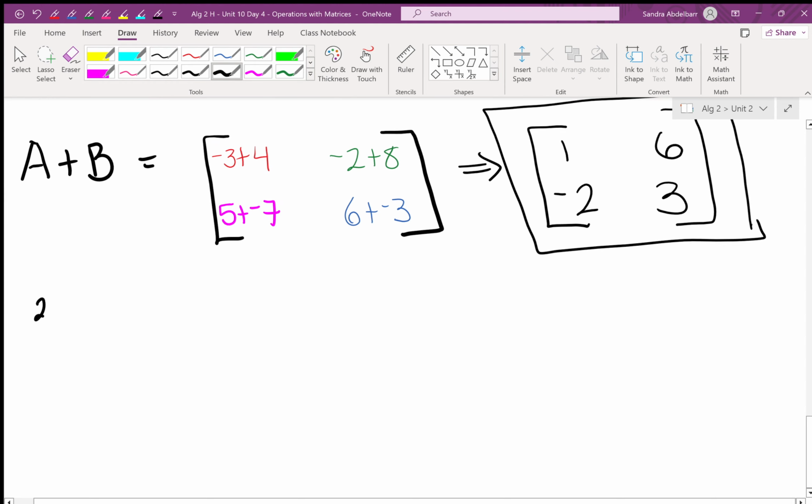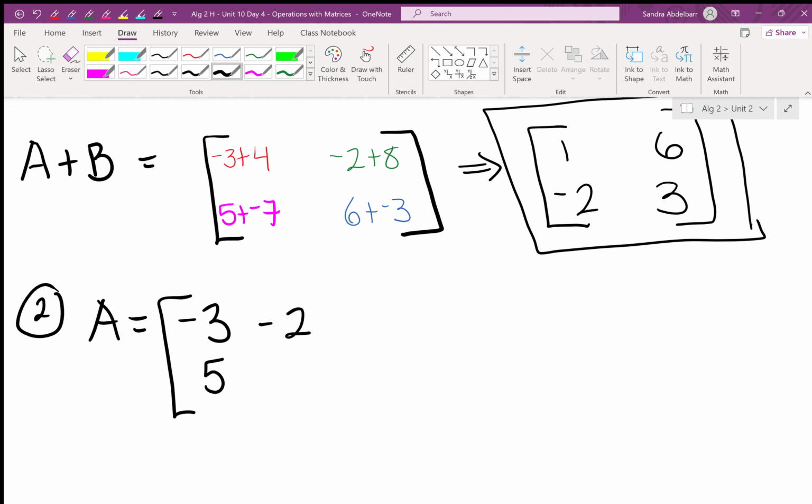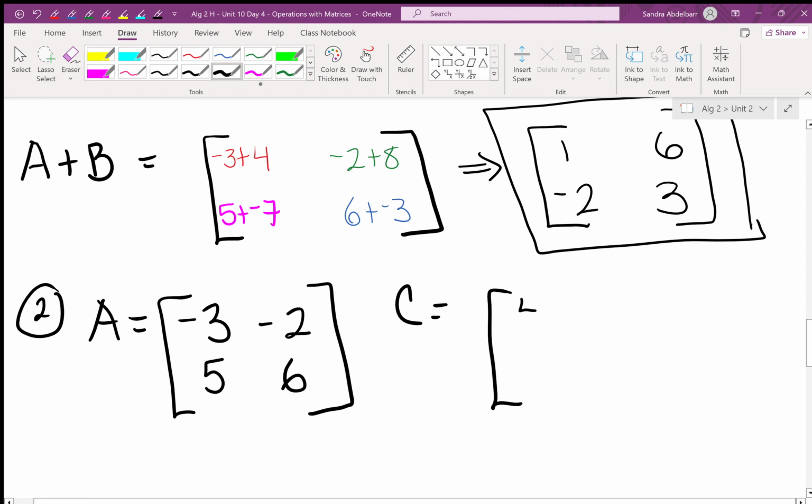All right, let's say I told you matrix A is represented by -3, -2, 5, 6, and matrix C is 1 column, 4, -7, 1.